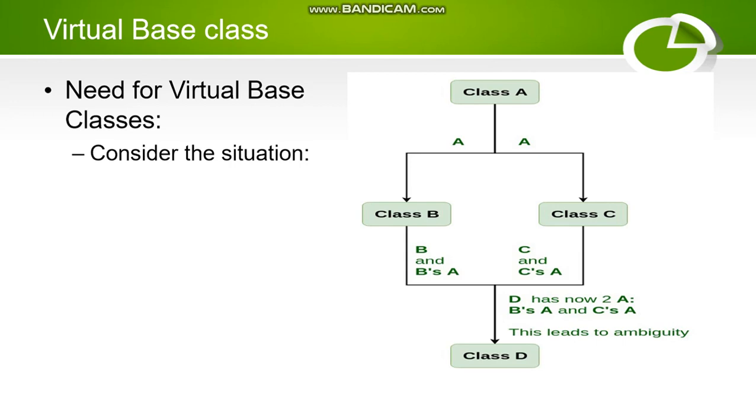To resolve this ambiguity, we have a solution: when class A is inherited in both class B and C, it is declared as a virtual base class by placing the keyword virtual.